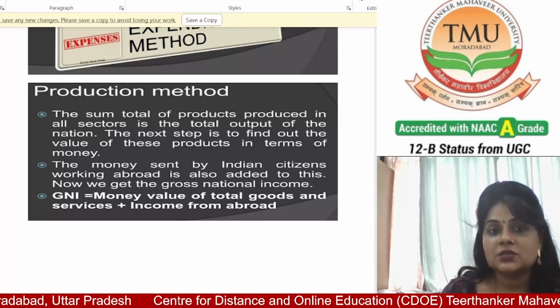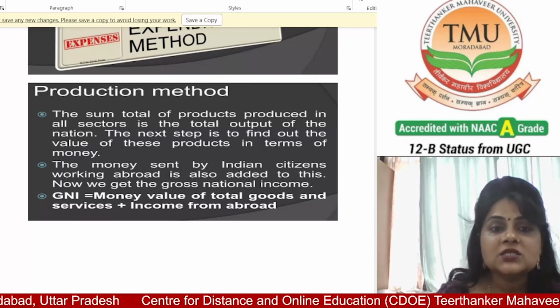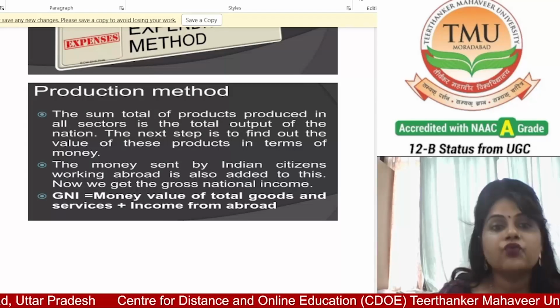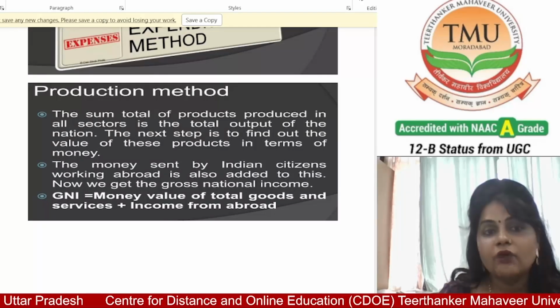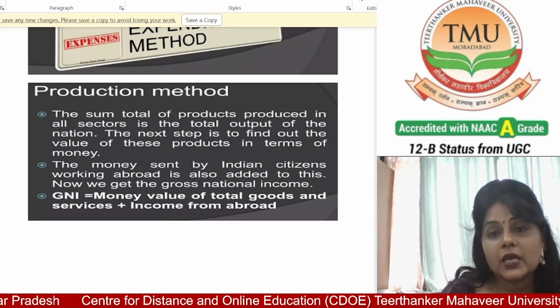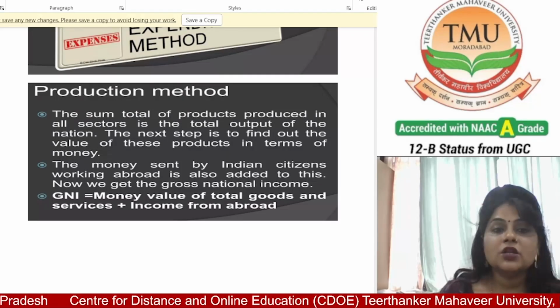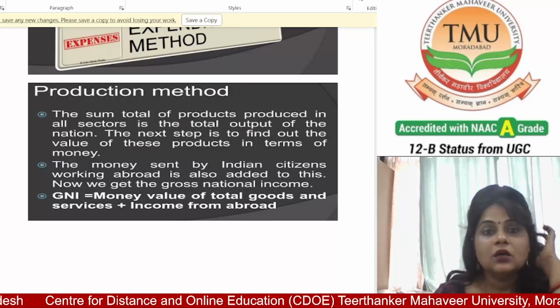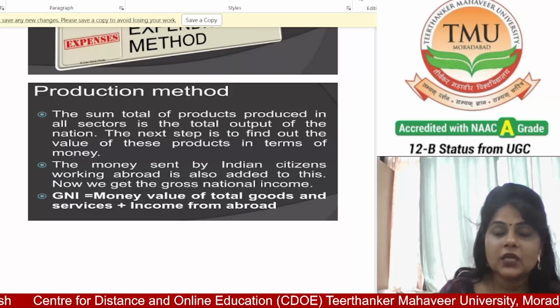Next is self-consumption services. Domestic service production should not be included. It is difficult to find out the market value of domestic services like those of households. So, production of domestic services is not included in the calculation of national income.